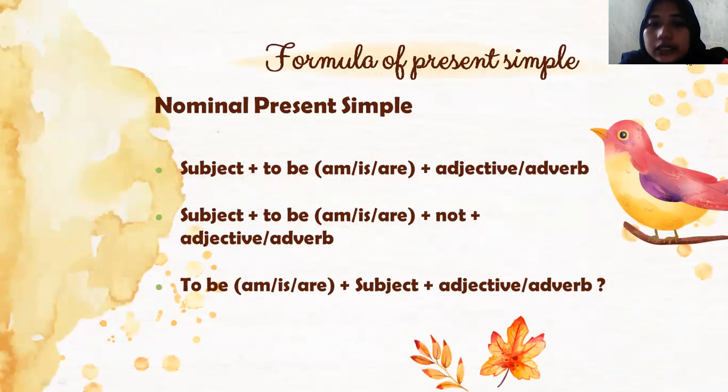For the interrogative, to be (am, is, are) plus subject plus adjective or adverb. Formula of the nominal present simple, we use where for examples we don't find the verb.